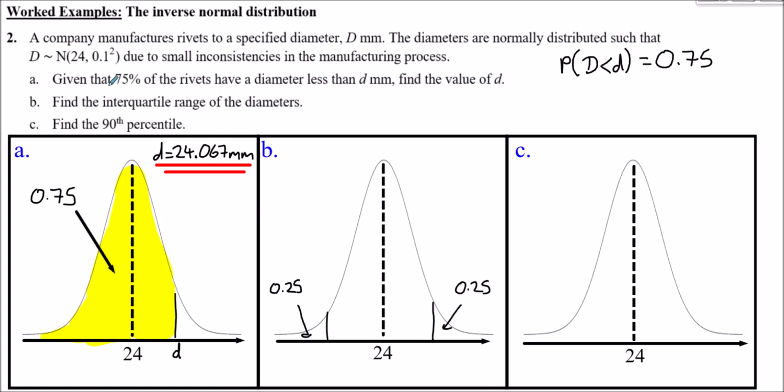But if you think about part A, we've worked out that D is the upper quartile already, because that's a 75% point. So D, 24.067, is the upper quartile.